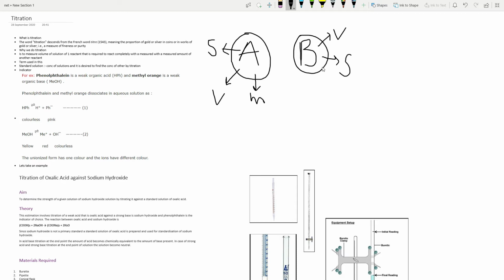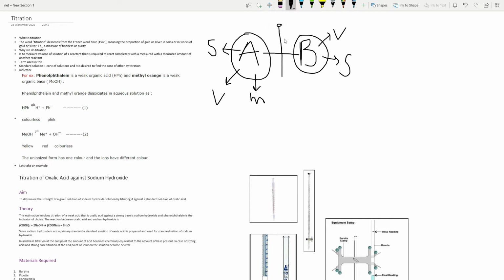The titration process is very simple. With the help of A, you are going to find out the strength of substance B. You react these two, A and B, and you will find a midpoint.